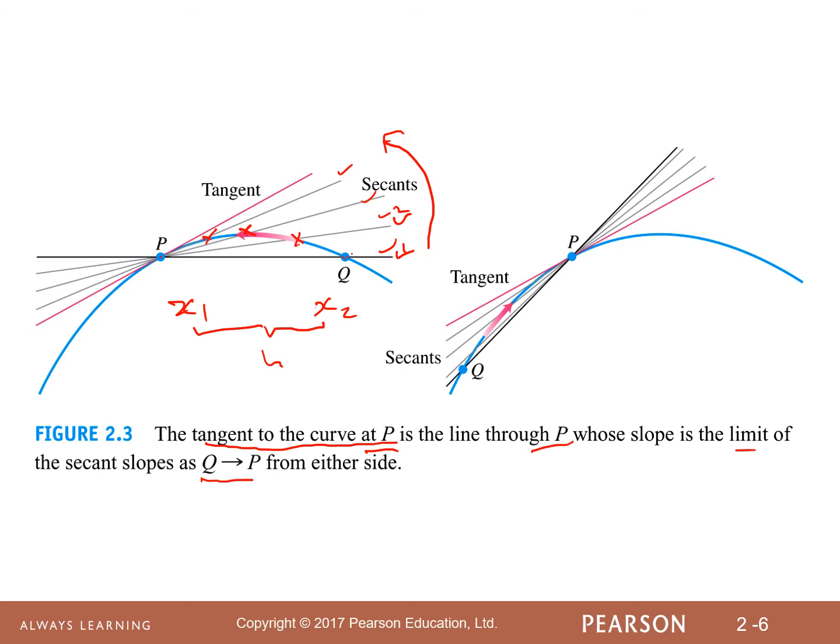Gets smaller, smaller, smaller, and what will happen to the angle? Yeah, the angle over here, as you move this way, the angles are increasing, right? The angle of the secant increasing, if you're moving this way. If you're moving this way, the angle of the secant is decreasing, right? Okay.